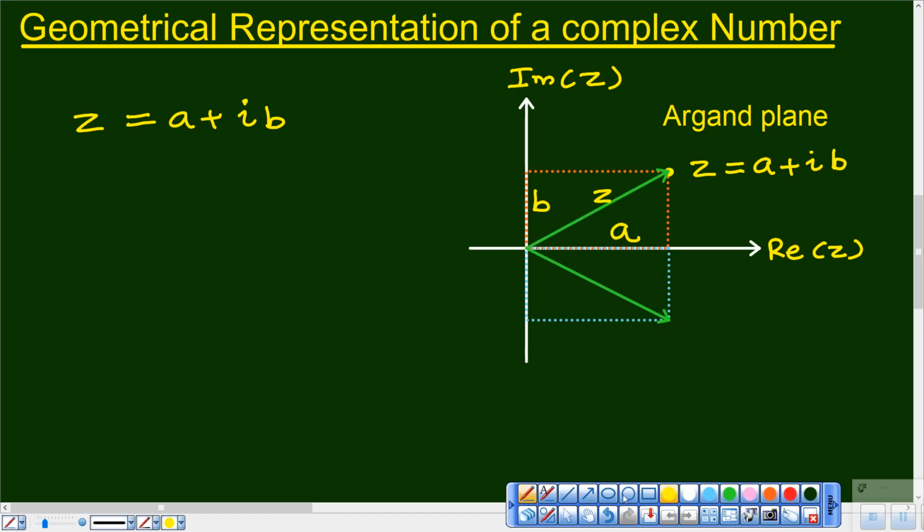But the imaginary part here would be, of course, minus B. Will it be minus B or not? Because it is below the real axis. So this is called the complex conjugate of Z. They are conjugates of each other. That is a minus ib. Can you see that the imaginary part has become negative? So what is the conjugate of Z?